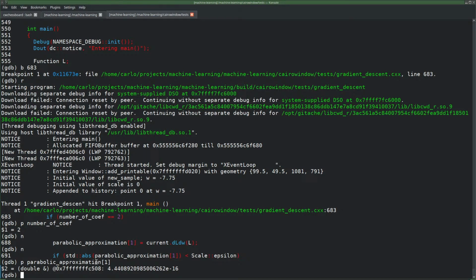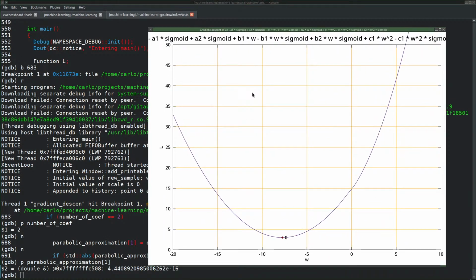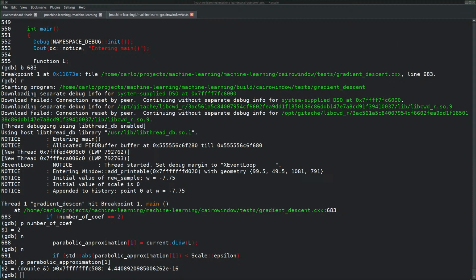Maybe that's it. The value is like 4 or something. I mean the height here. I mean 4, 3, I don't know, but not 0. So 16 is about the precision of a double. So the epsilon is maybe a little bit too optimistic. I can divide by it, but yeah.